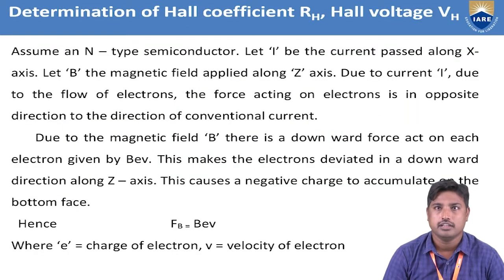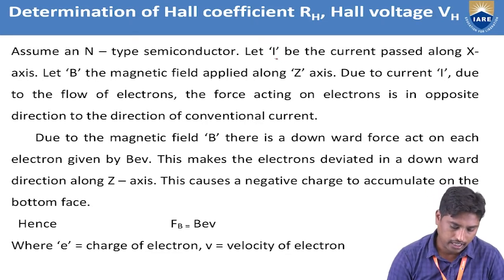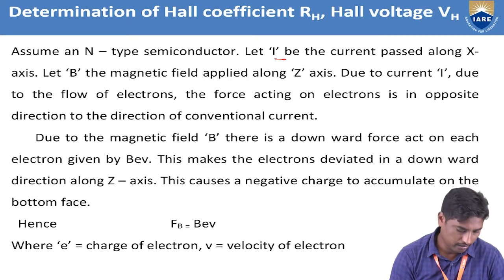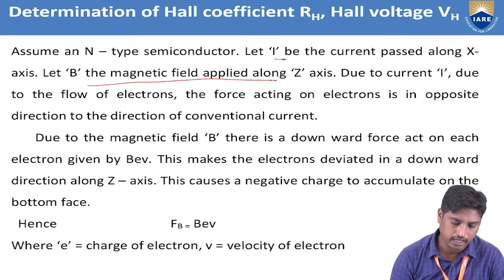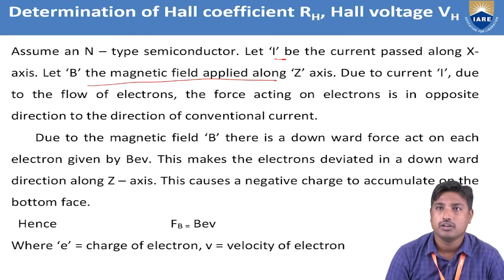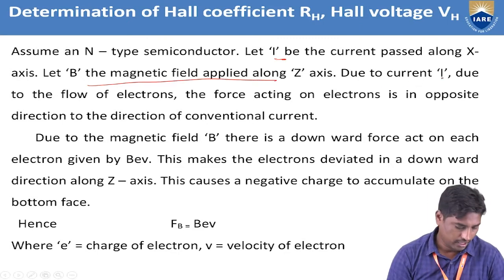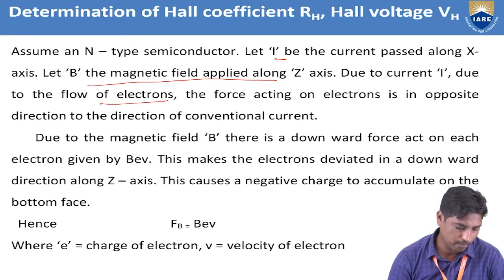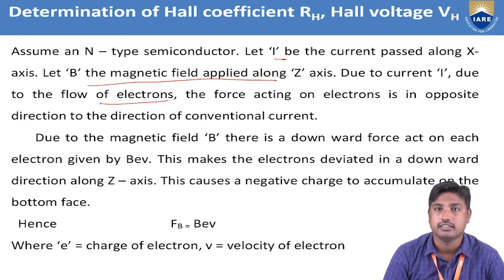See the derivation. Assume an n-type semiconductor, and let I be the current passed along the x-axis and let B be the magnetic field applied along the z-axis. Due to the current and the flow of electrons, the force acts on the electrons in the direction opposite to the conventional current.